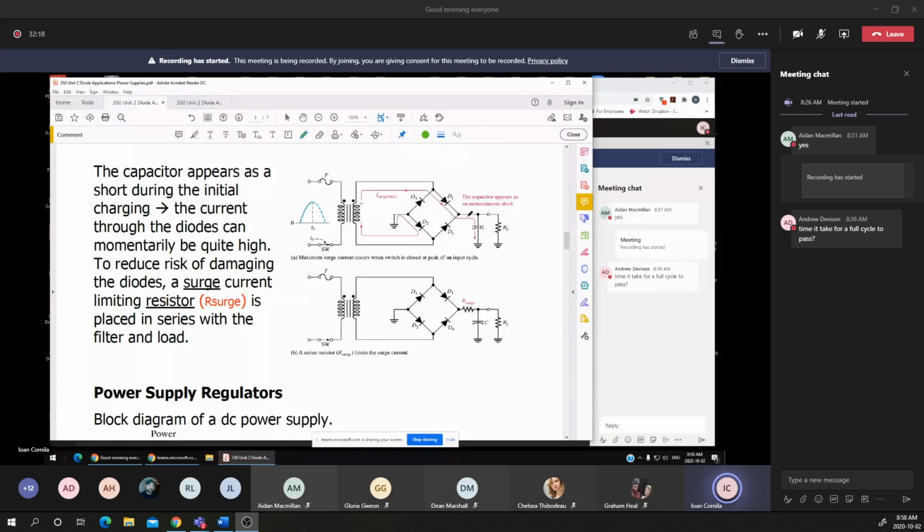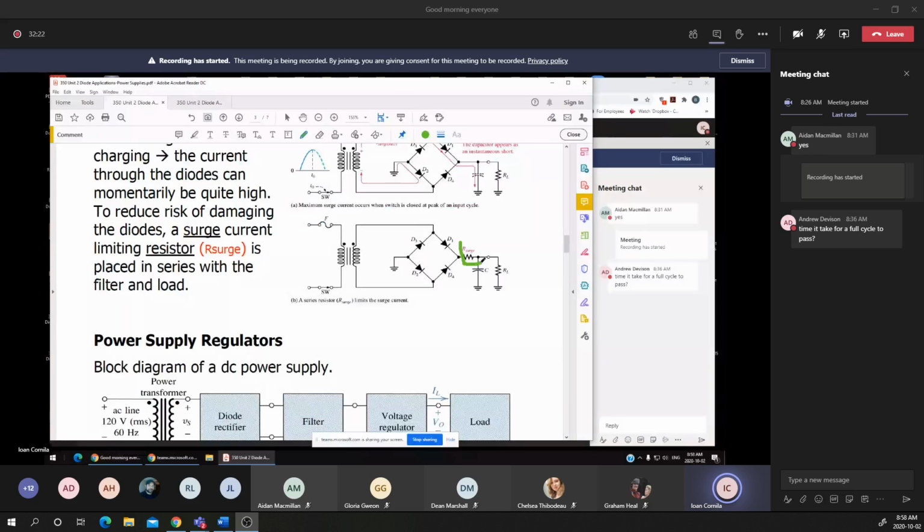That's why you may see a small resistor, and that's the surge resistance. Usually the purpose of this resistance is to limit the charging current when the capacitor or the circuit is connected to the voltage source for the first time, or the switch is closed. You notice the instant of time when the switch is closed.